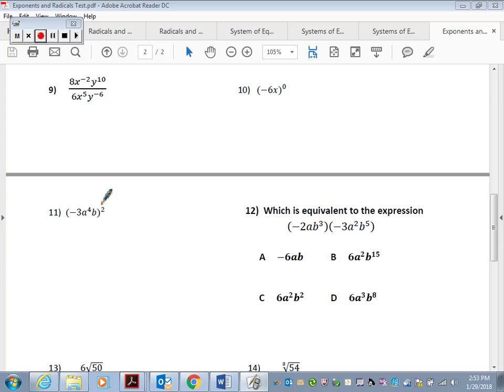Bam. Right here. This is just simply parentheses back to back, which mean multiplication. So I'm going to go negative 2 times negative 3 is 6. A to the 1st times a to the 2nd, that's multiplication, so I add the exponents. B to the 3rd times b to the 5th, again multiplication, so I add the exponents. 6a to the 3rd, b to the 8th.